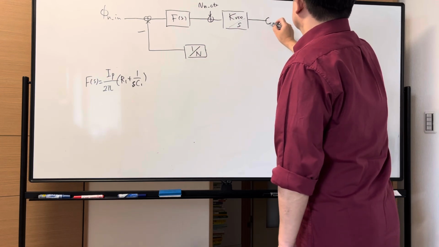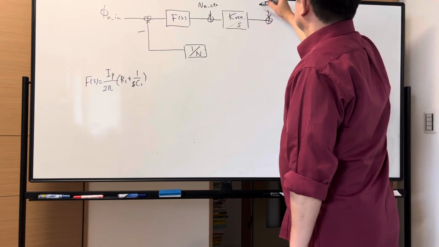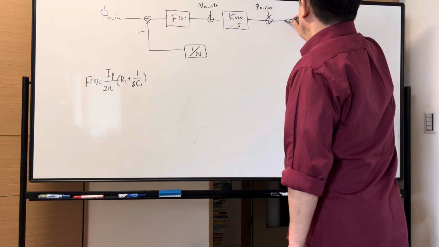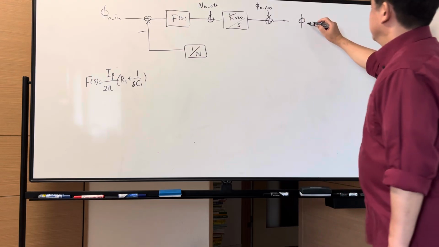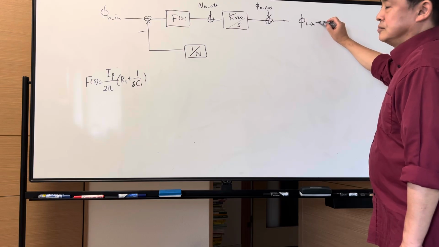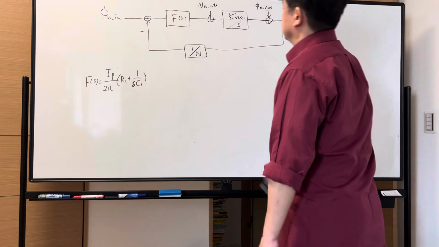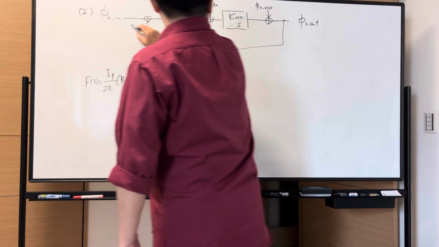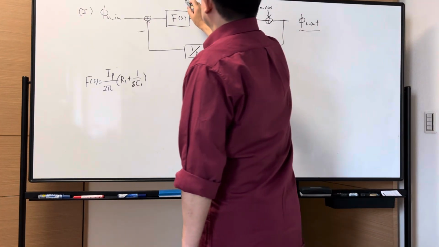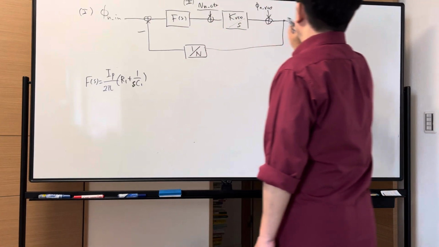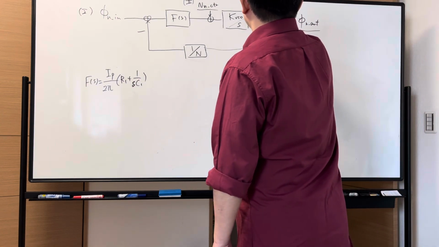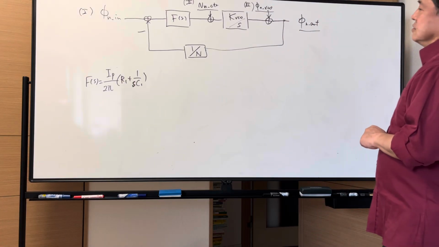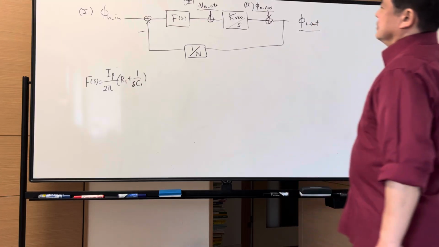Here the VCO generates a phase noise, P sub n VCO, applied, and then makes the output phase noise, P sub n out, and feedback. So this is output to output, and this is control signal noise to output phase. This is finally the VCO phase noise to output phase noise. There are 3 parts of the transmission.